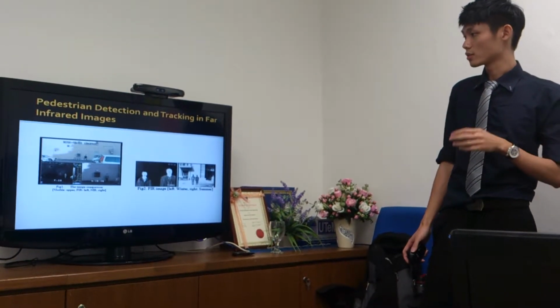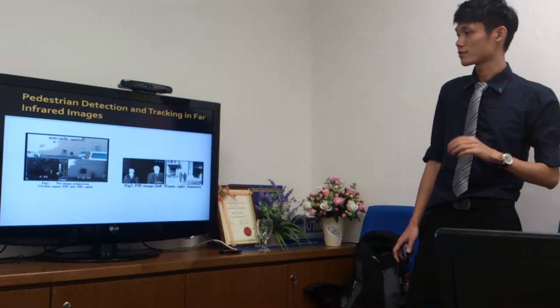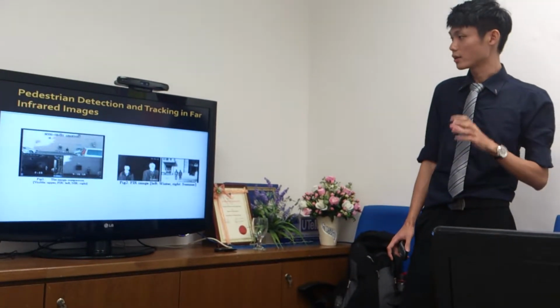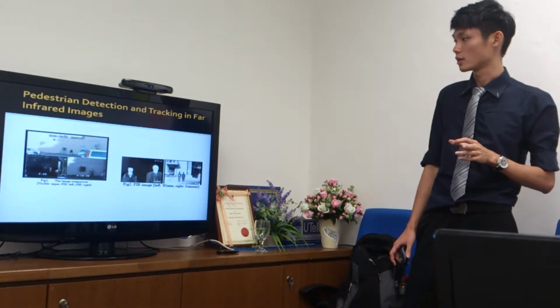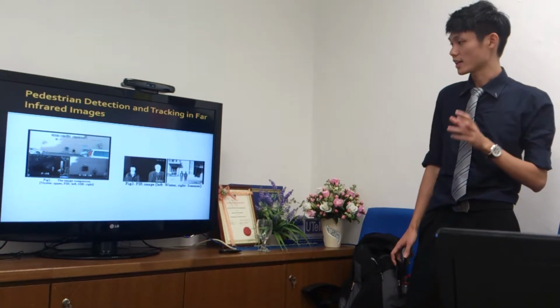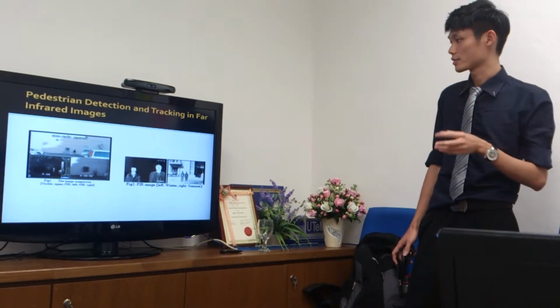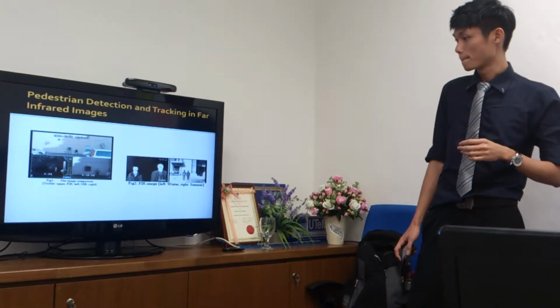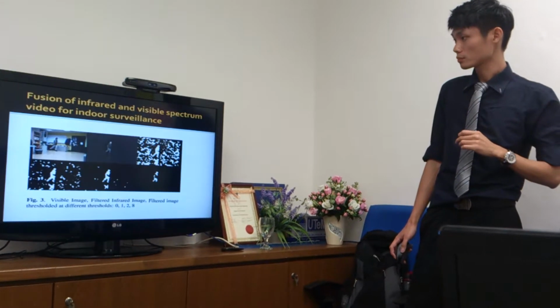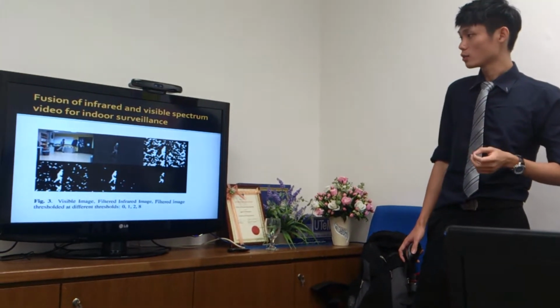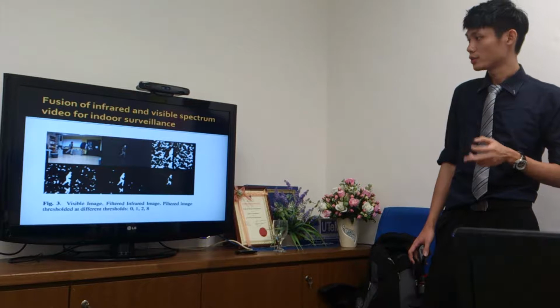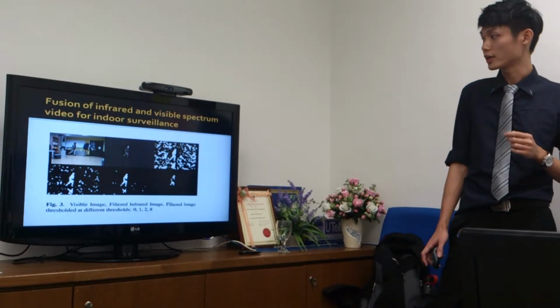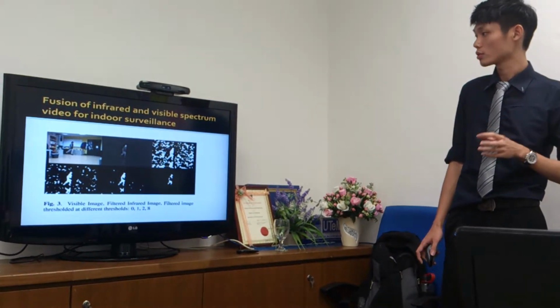This one is also pedestrian detection and tracking in far infrared images. Here they are also using infrared cameras to detect the existence of pedestrians. This is another technique they used, which is fusion of infrared and visible spectrum for indoor surveillance.